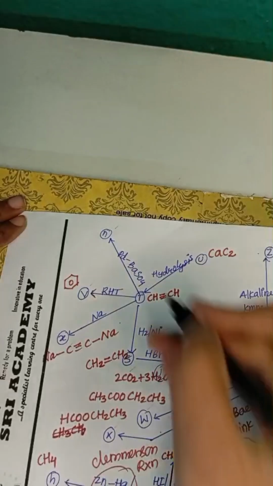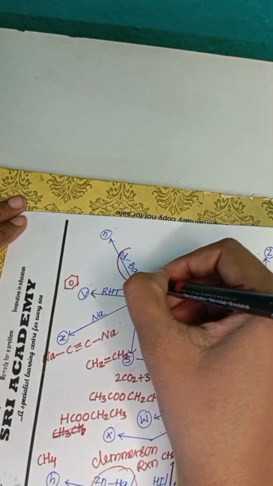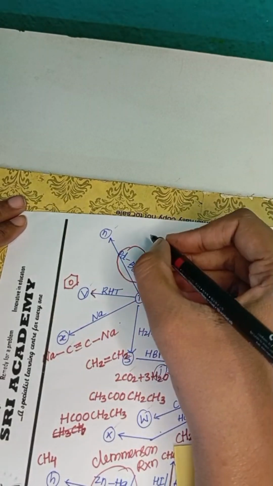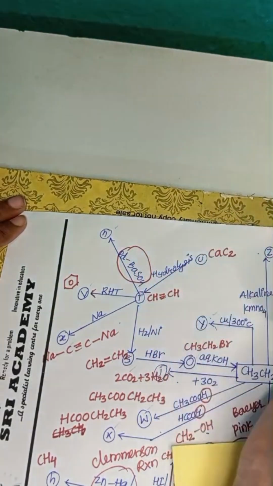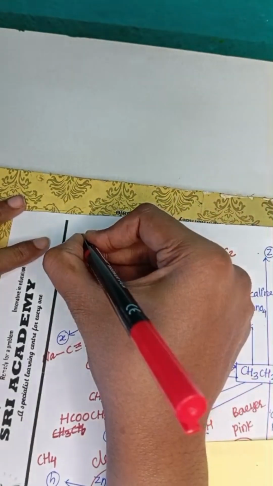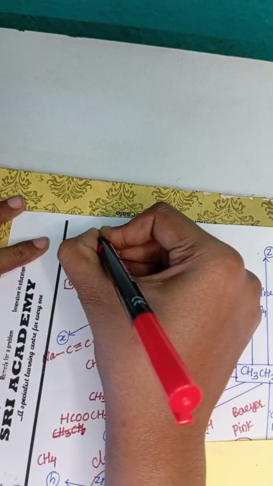When acetylene is passed over a red hot copper tube at very high temperature, it gives you benzene. When acetylene is treated with sodium, it forms sodium acetylide. When acetylene is treated in presence of Lindlar catalyst, palladium on barium sulfate, it gives you ethene again.